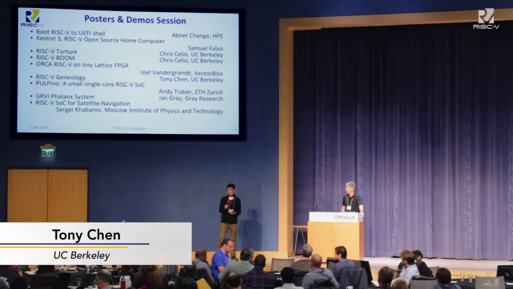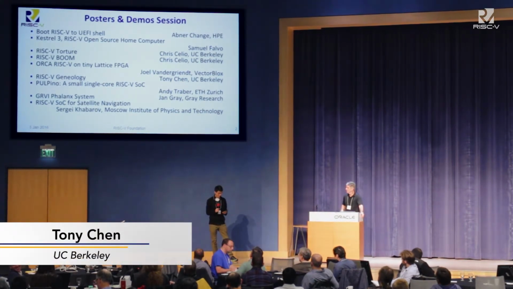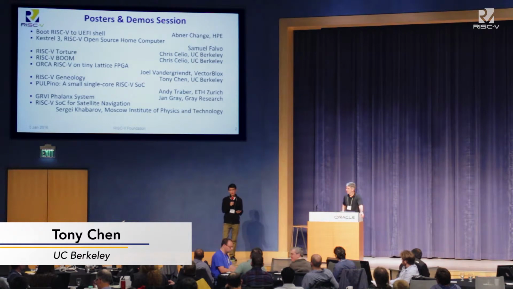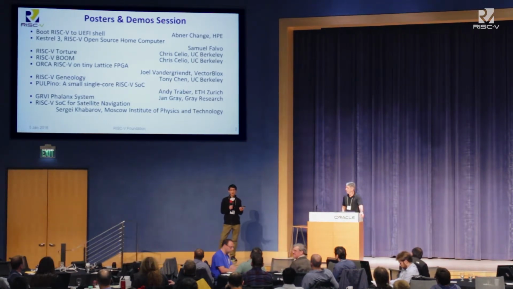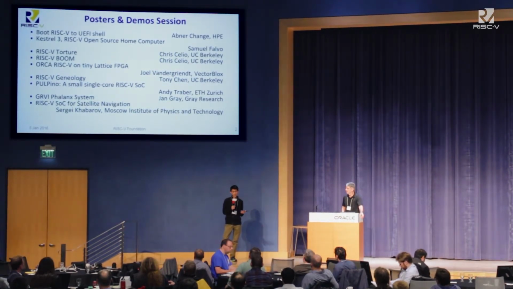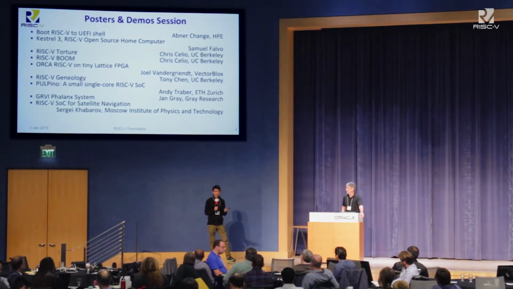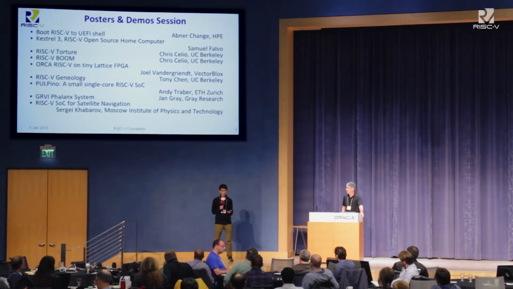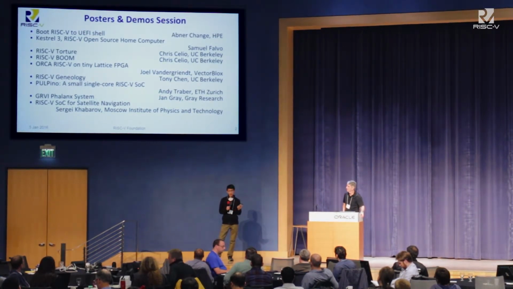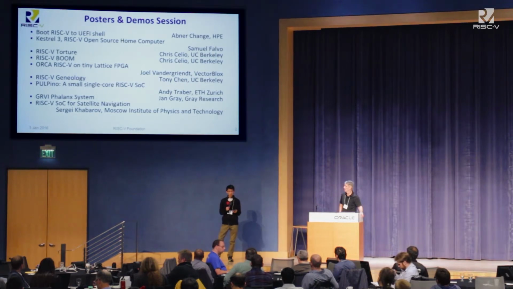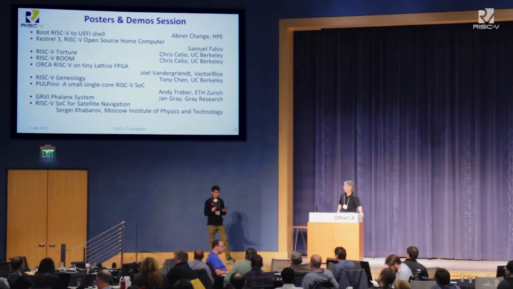Hi, I'm Tony. I'm an undergrad at UC Berkeley, and my poster is about the genealogy of the RISC-V instruction set. You can find the precedents for the 32-bit RV32G instruction set. There are 19 ISAs in the poster, and there are 122 instructions. 117 of them have precedents, and 5 of them didn't have precedents among the ISAs that we looked at.